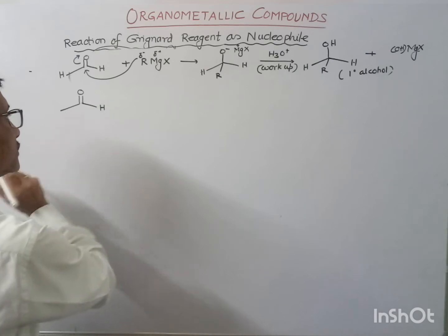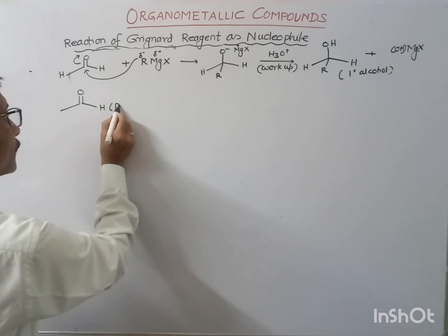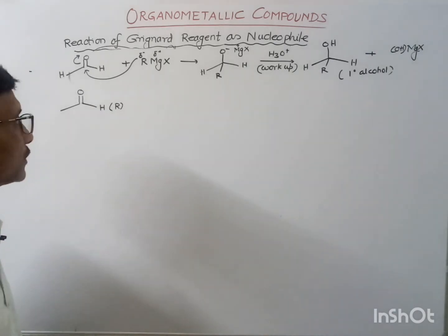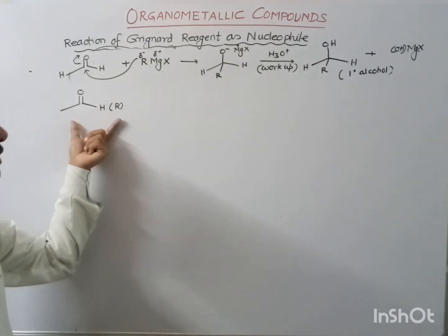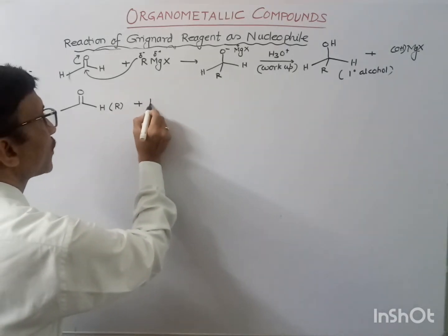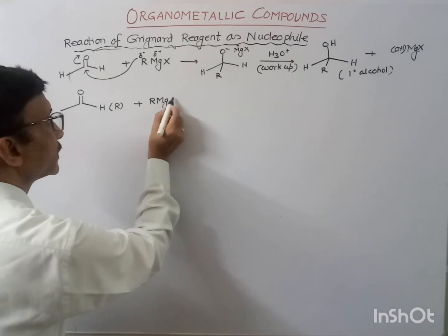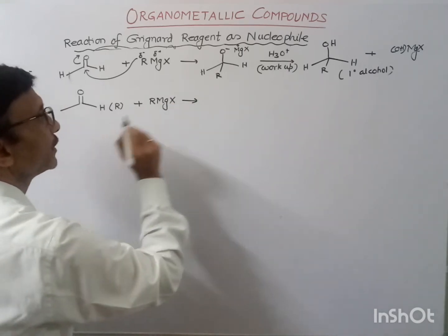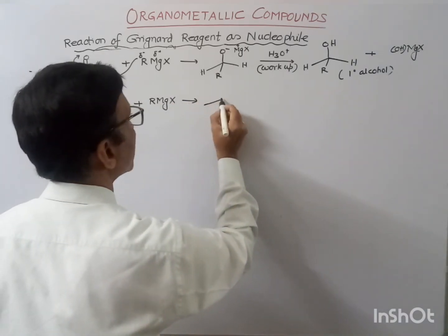Suppose this is our aldehyde, or in place of H I may write R, so it shows either aldehyde or ketone. So this in presence of RMgX, Grignard reagent, it will react in the same manner.